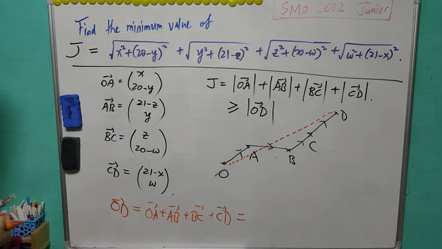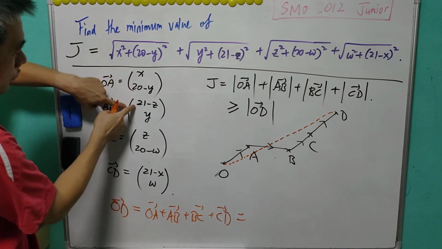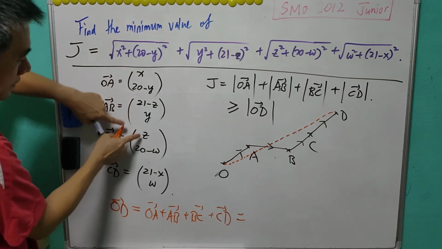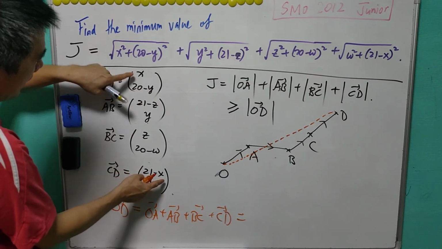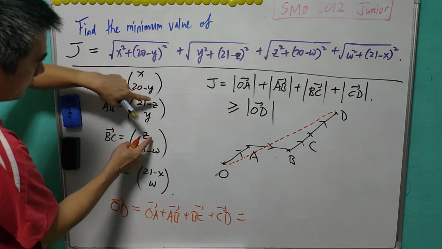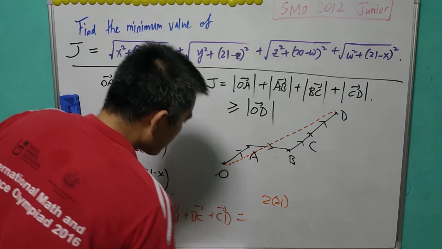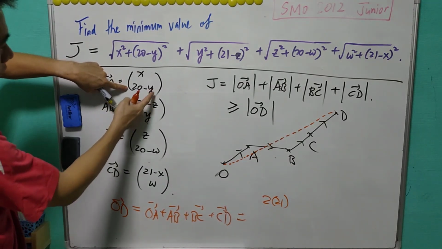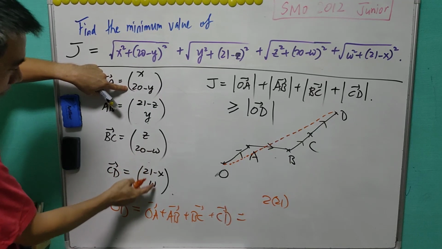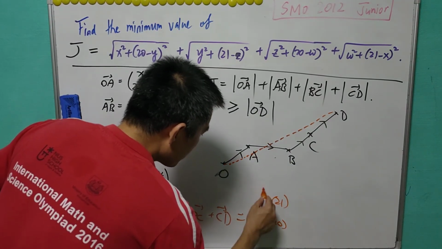Then from here we know that OD is actually equal to OA plus AB plus BC plus CD. So when we add up together the corresponding components, that is x, 21 minus z, z, 21 minus x, you can see that x will be cancelled off, z will be cancelled off, and we have 2 of 21. Likewise, for the second component, y will be cancelled off, w will be cancelled off, and we are left with 2 of 20.